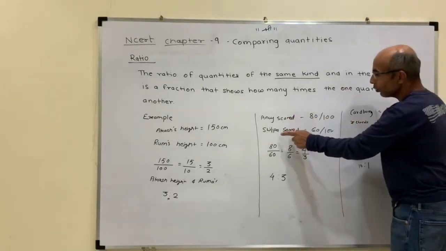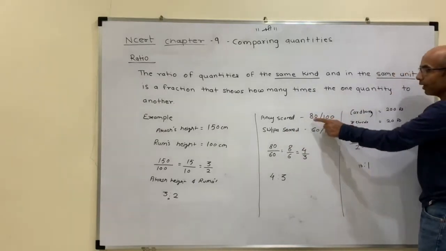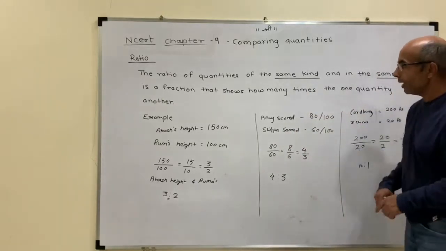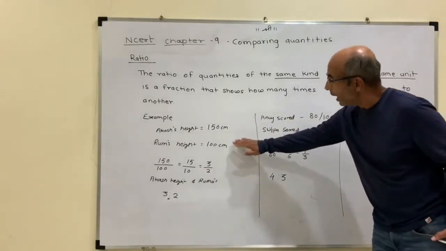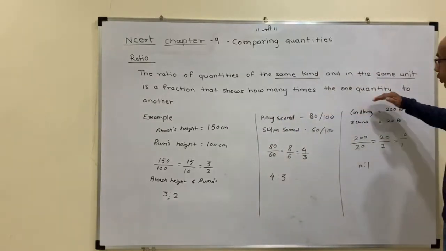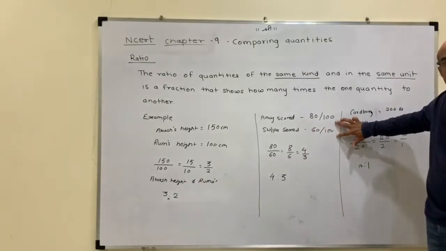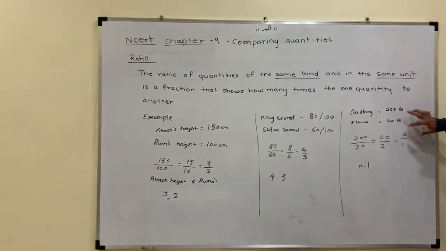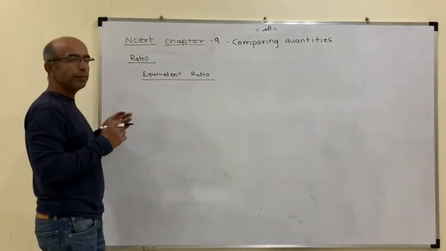Earlier I compared the marks scored, with the unit out of 100, and the height, with the unit centimeter. So I can find a ratio of the heights of 2 students, the marks obtained by 2 students, and the chocolates that can be purchased with the rupees. When we find the ratio, we need to understand it should be the same unit and same kind.